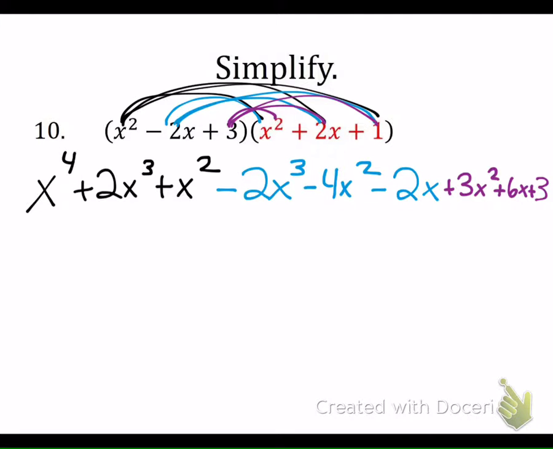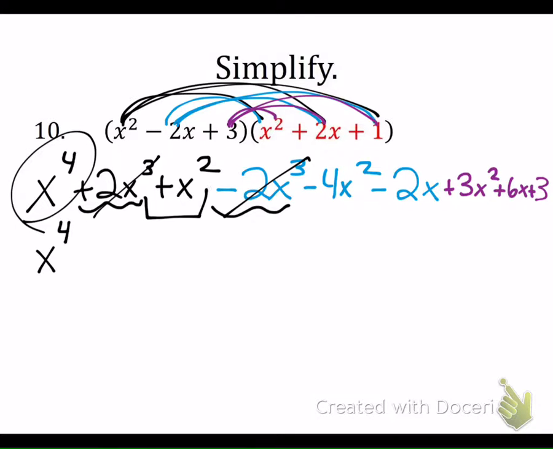X to the 4th. So x to the 4th. All right, so we have 2x to the 3rd minus 2x to the 3rd. So those are gone, right? Okay. Now I have an x to the 2nd and a negative 4x to the 2nd and a plus 3x to the 2nd. Do those cancel out? Because it'd be negative 3.